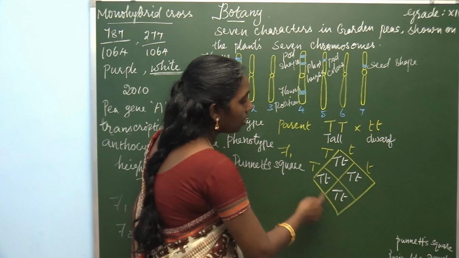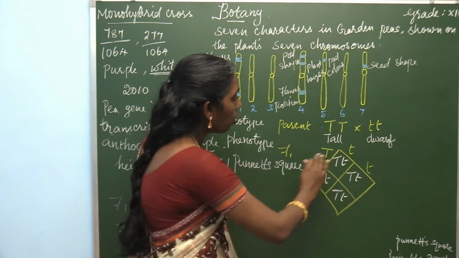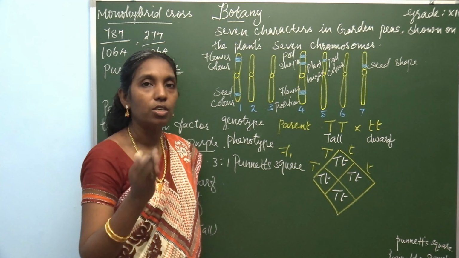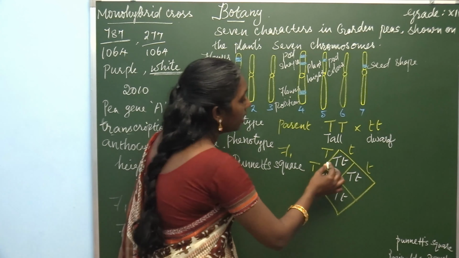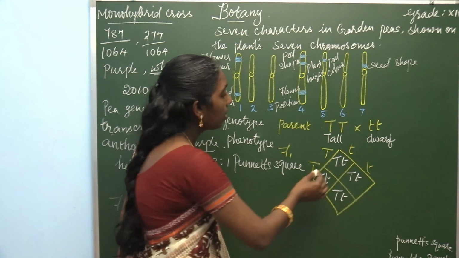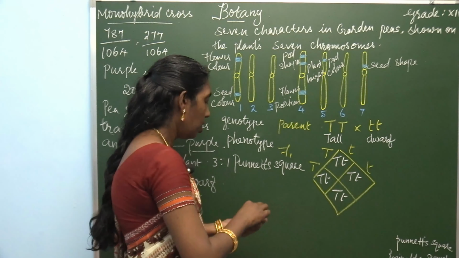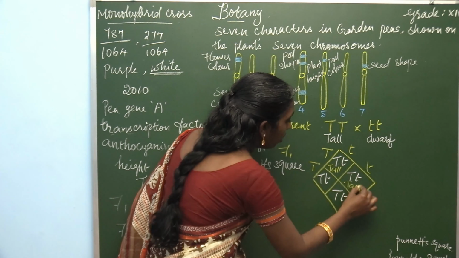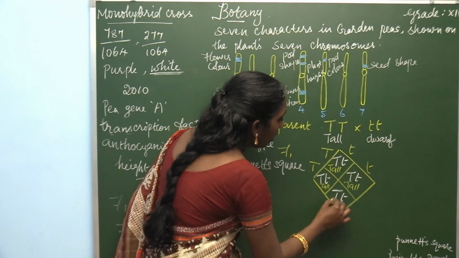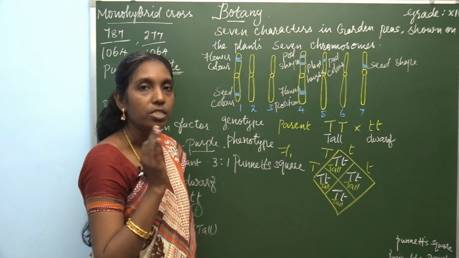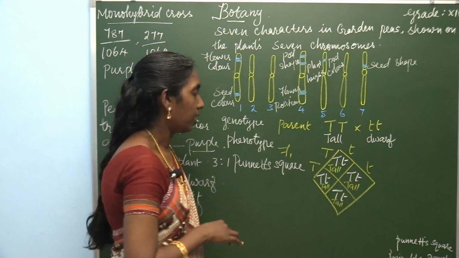So every offspring is tall, because the alleles contain dominant capital T and recessive small t, and in the first generation it expresses tall. Every offspring is tall in the F1 generation.